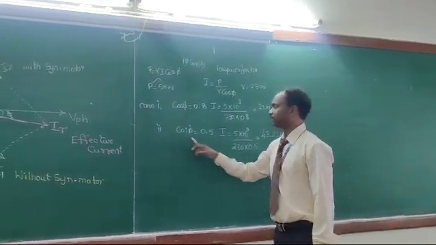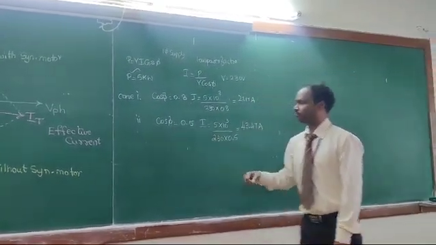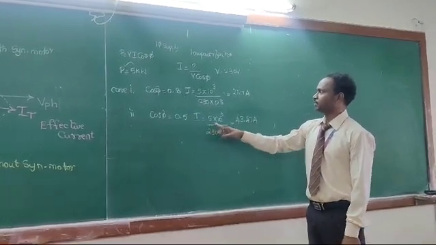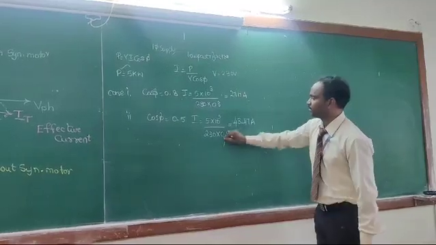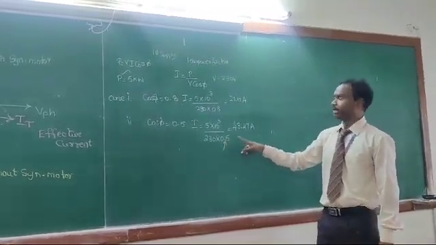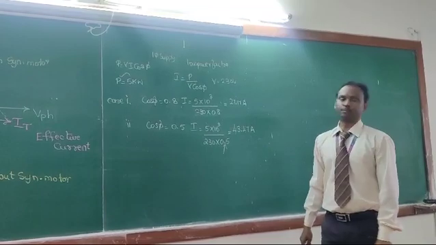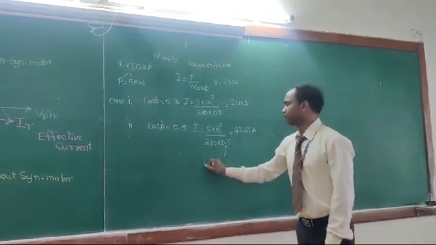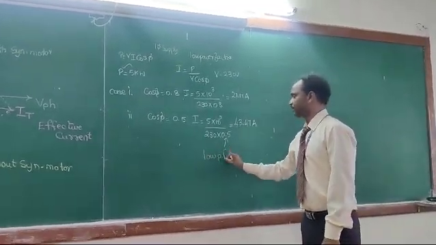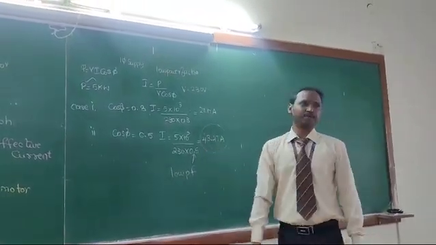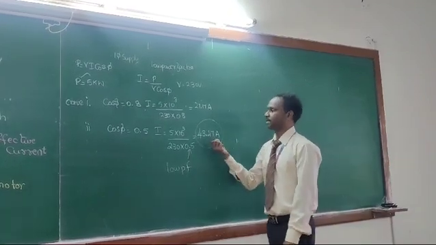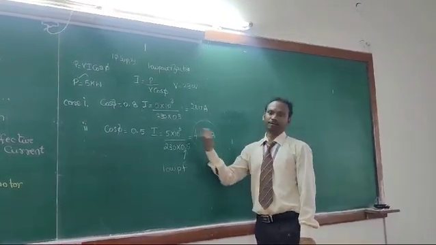Second case, when the power factor cos phi is equal to 0.5, the current I is equal to the same power divided by the same voltage, but here the power factor value is 0.5 and the current is equal to 47.47 ampere. Therefore, for a lower power factor, more current will be drawn from the power supply.